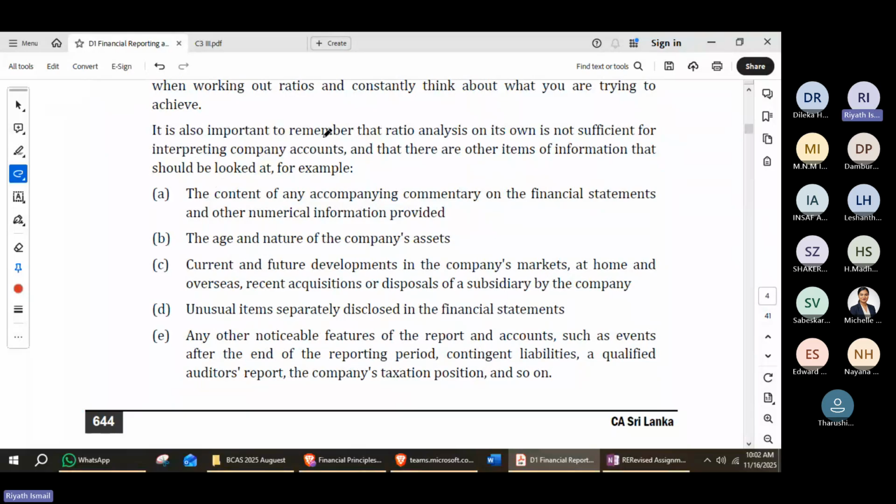It is also important to remember that ratio analysis on its own is not sufficient for interpreting the company accounts, and there are other items of information that should be looked at. By just looking at the ratios, you cannot assess the company performance.